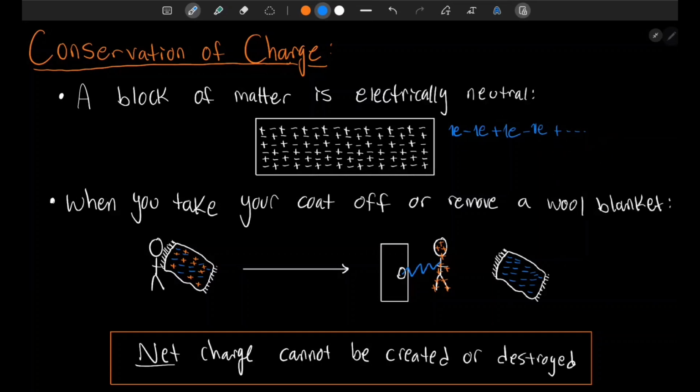Assuming that the block of metal is electrically neutral, these would add to 0. So the total charge would be 0.